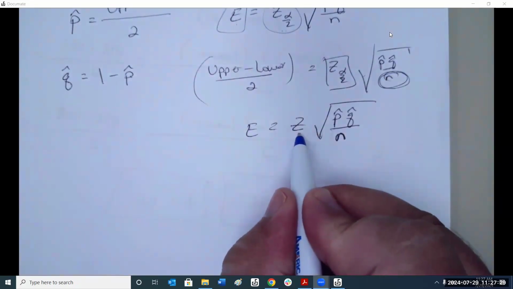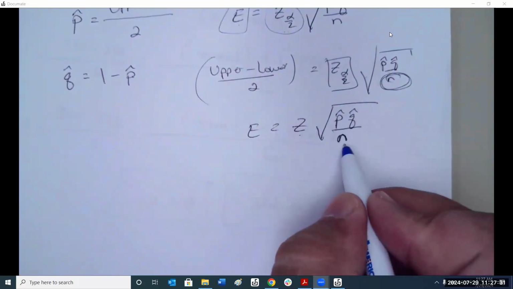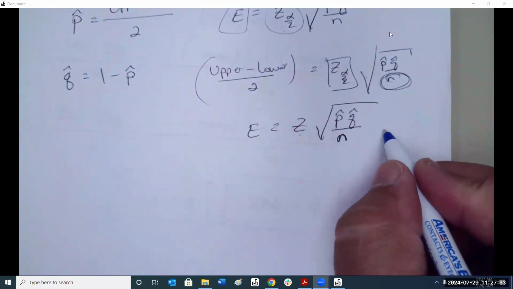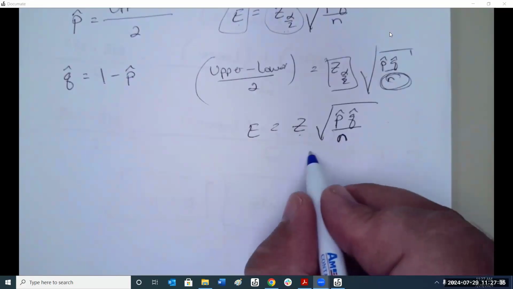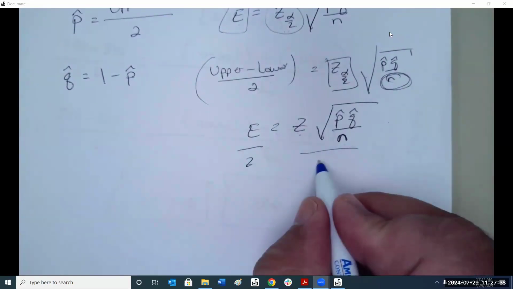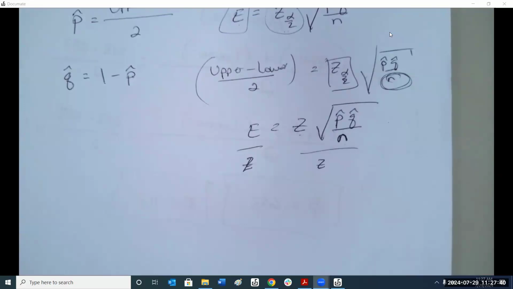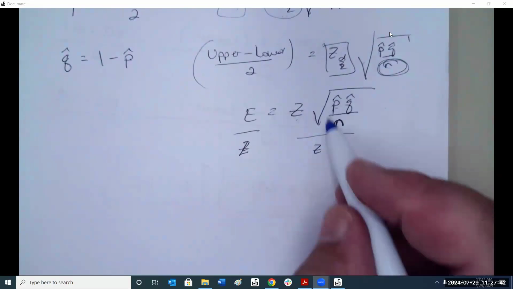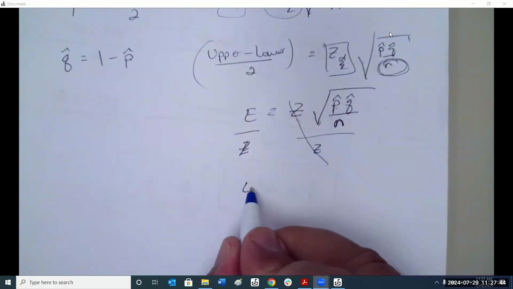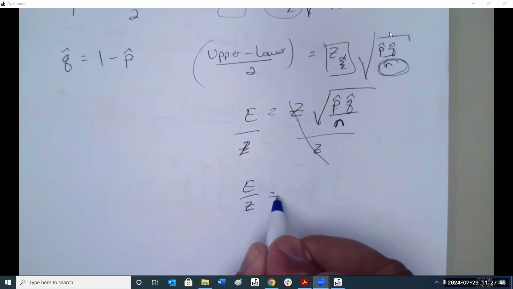The first thing we have to get rid of is z, because we're trying to get the n by itself. So we multiply or divide both sides by z. Because it's multiplied, we have to do the opposite. So we get E over our z-score.